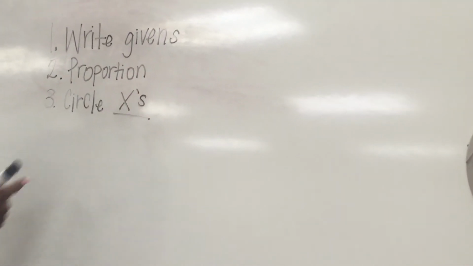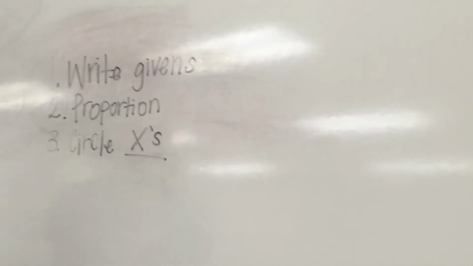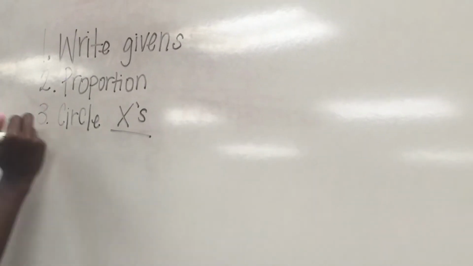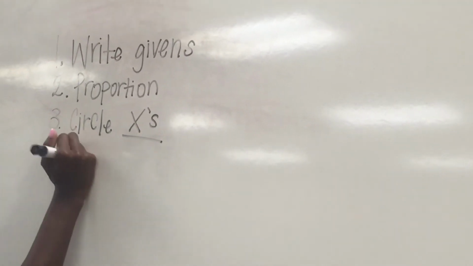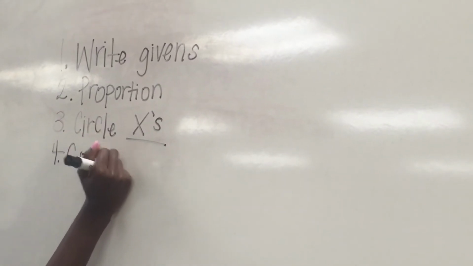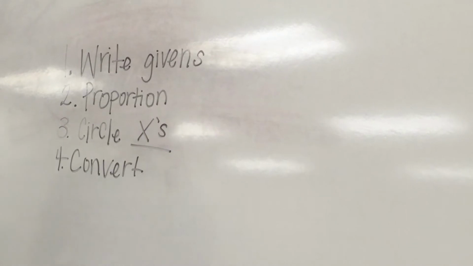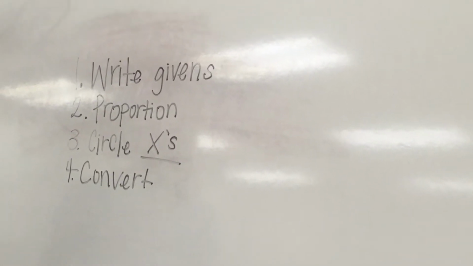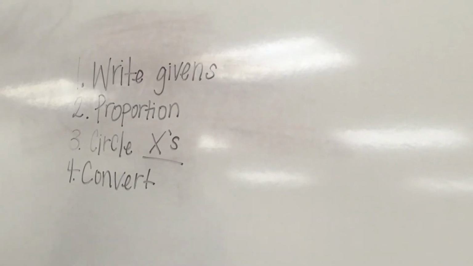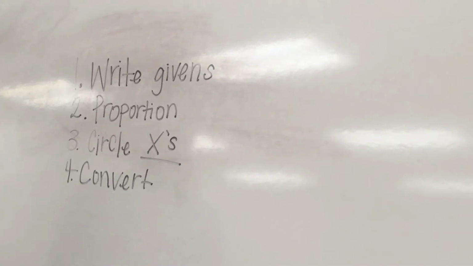And I use X to point out that we're looking for X, which will be our final answer. And the last step is to convert. You'll only use the last step when your answer is, for example, in grams or mLs, and it's asking you to give the answer in decimals or percentage.